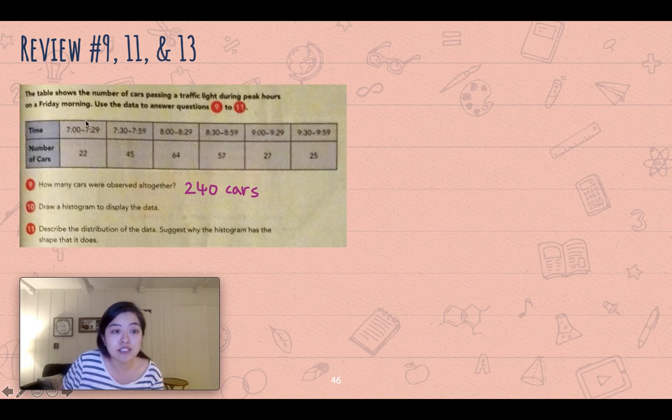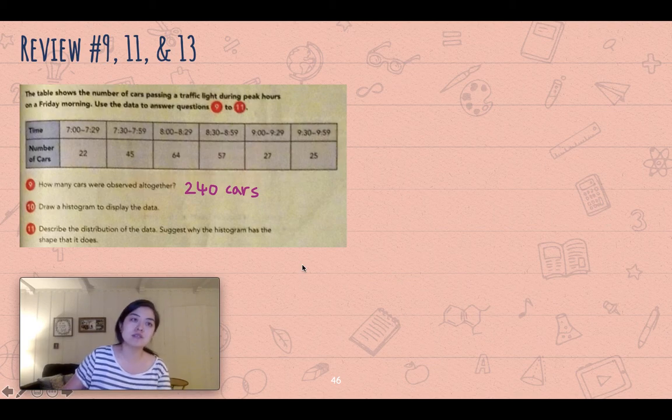Compared to, let's look at the lowest values, 22 cars between 7 o'clock and 7:29, and also 25 cars between 9:30 and 9:59. Why do you think that is? Well, remember, the topic of this situation is the number of cars passing a traffic light during peak hours on a Friday morning.